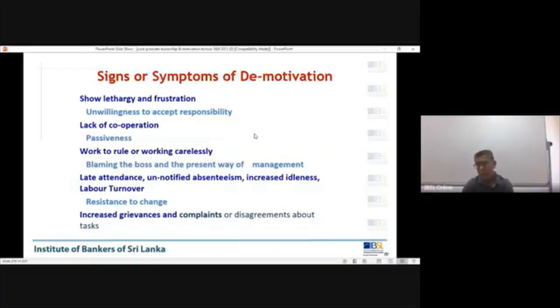Now, as a manager, you need to identify the signals of demotivation. In lending, you identify signals of non-performing loans, right? Likewise, you need to identify demotivation factors.